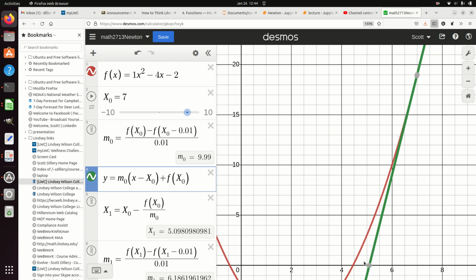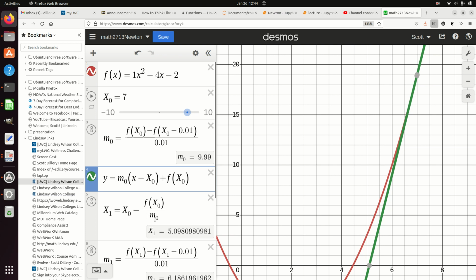Well, how would I find that 0? Well, look here. I would let y equal 0, and then I would bring the f of x0 over to the left-hand side here, and that would make it negative. Oh, there's a negative right here, and f at x0. Then I would divide both sides by m0 to just get x minus x0 here.